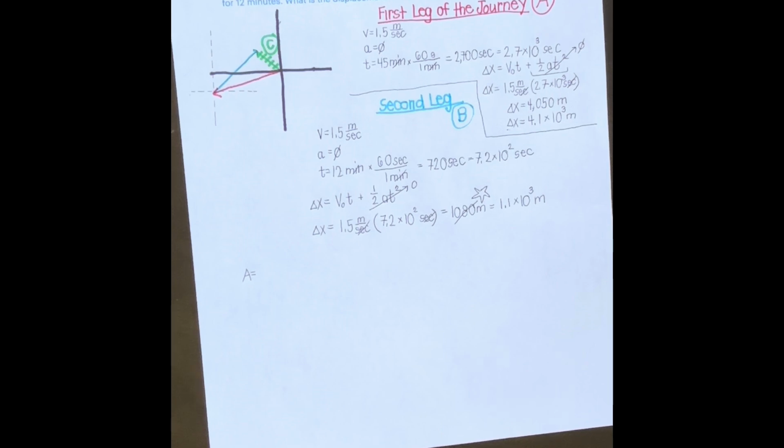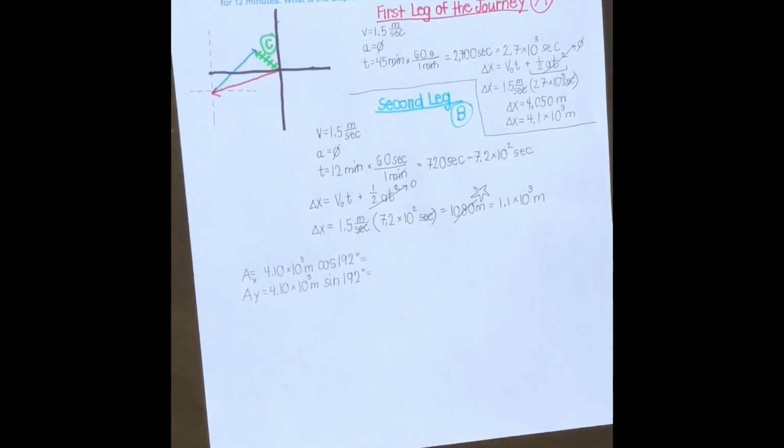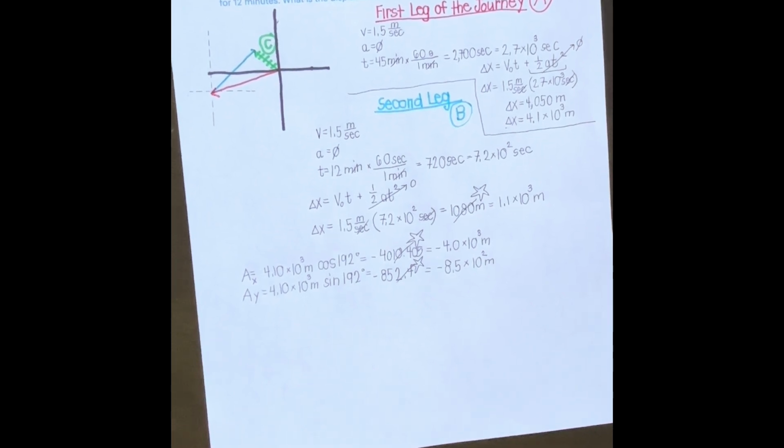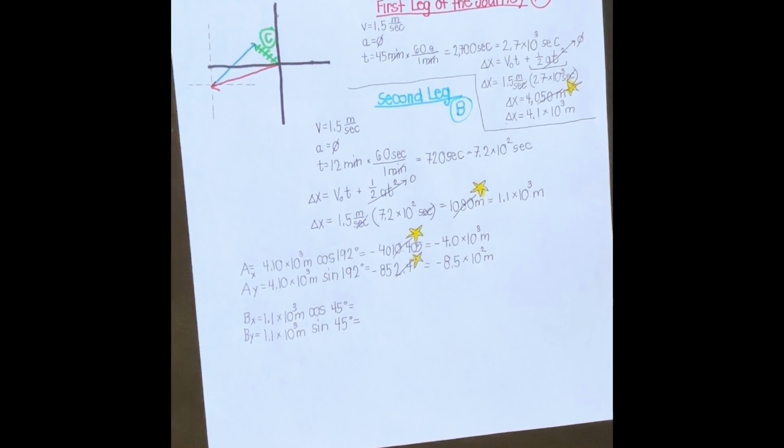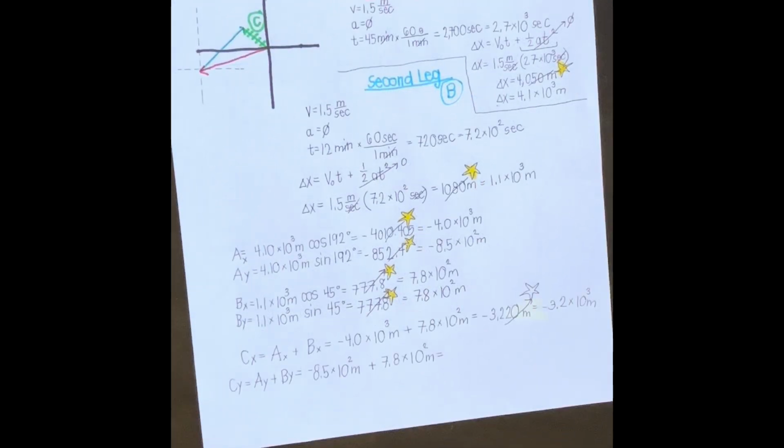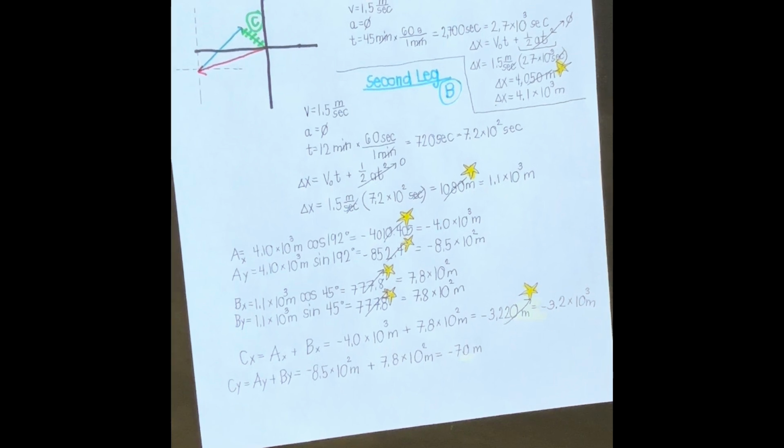So let's call the displacement vector resulting from the first leg of the journey A. We will therefore call the second vector B, and the final displacement vector will be known as C. Now that we have the final displacement broken into its x and its y component, we can figure out the magnitude and the direction. So let's get started on that.